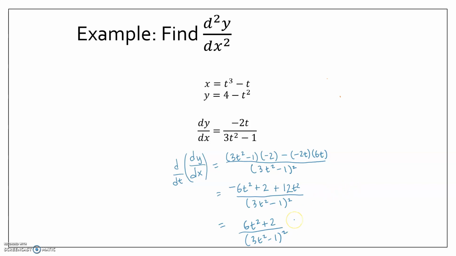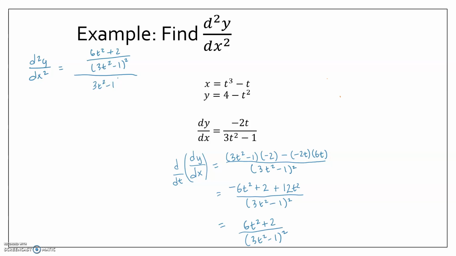So we need to take this thing that we have and divide it by dx dt. So we're going to divide that by 3t squared minus 1.